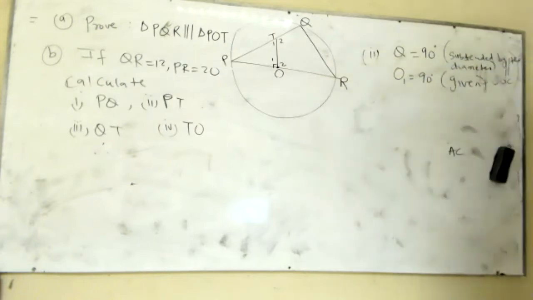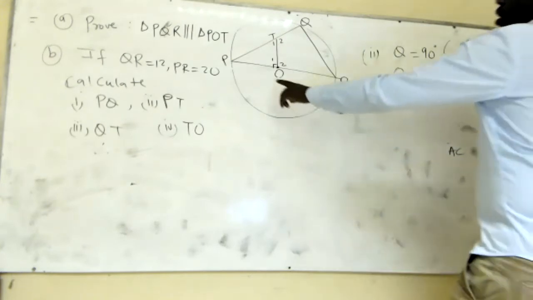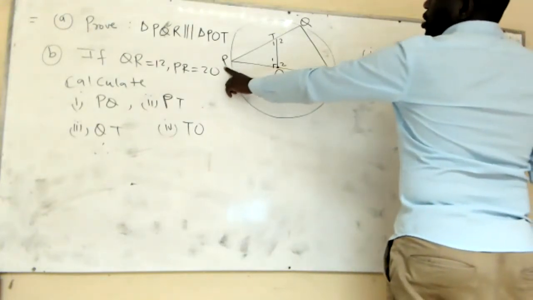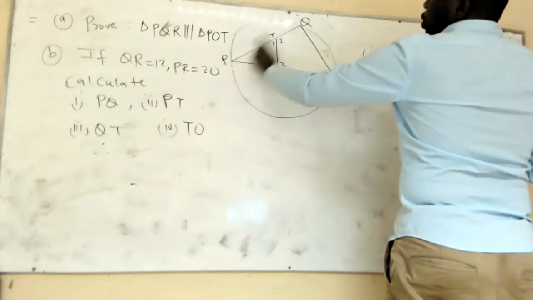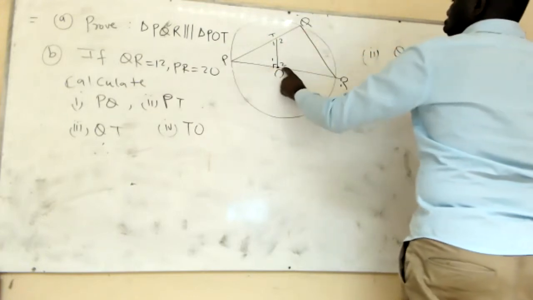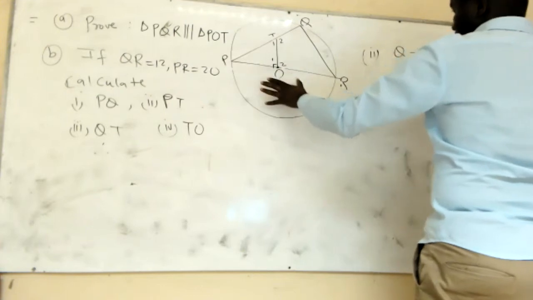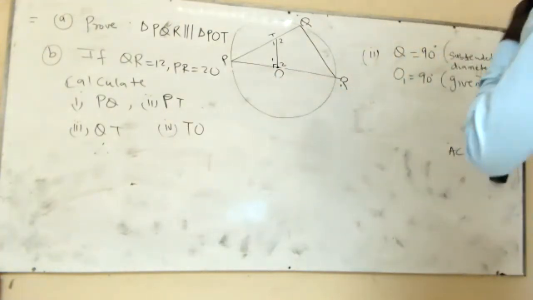We can have O2 in this case. What will be the angle O2? But let's check, we're interested in PTO and PQR. Therefore, O2 is not part of the angles we're dealing with.